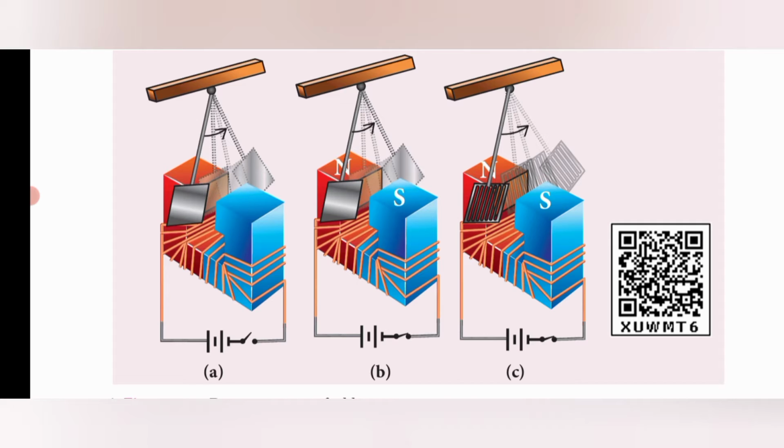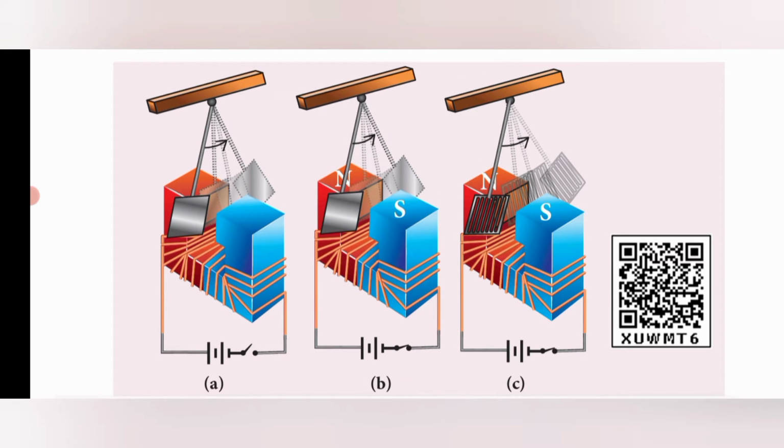In this simple demonstration, we understand the production of eddy current. Let us consider a rectangular disc, a plate-like structure, as a pendulum, and it can oscillate between two powerful electromagnets. The electromagnet is coiled and connected to an external source, a battery.